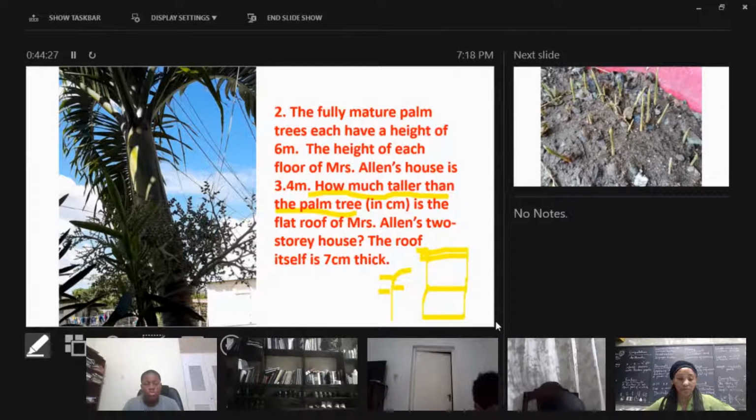Plus, there's a flat roof on top of that, which is 7 centimeters thick. And then you have the palm tree beside the house. The palm tree is 6 meters high. So I want to know how much taller than the palm tree is the top of the flat roof.